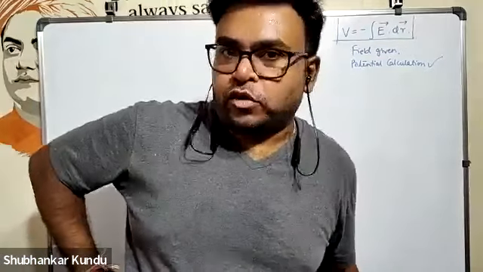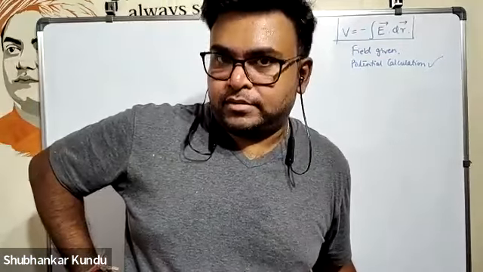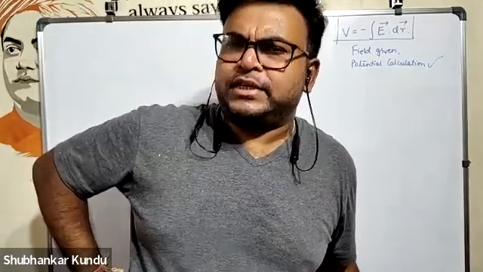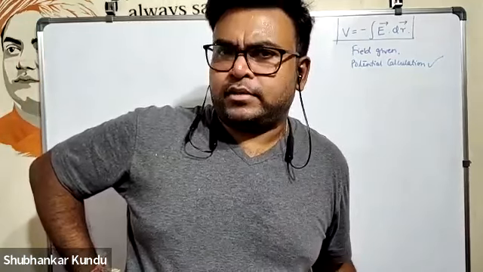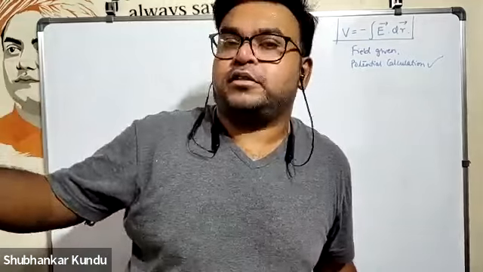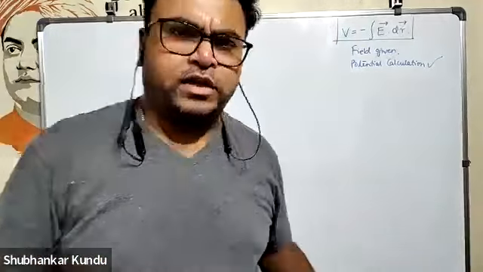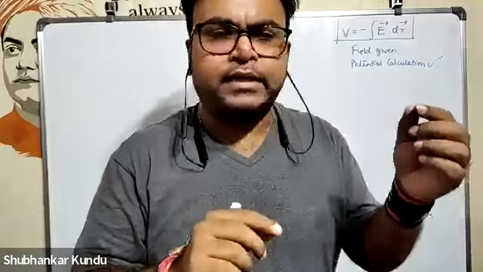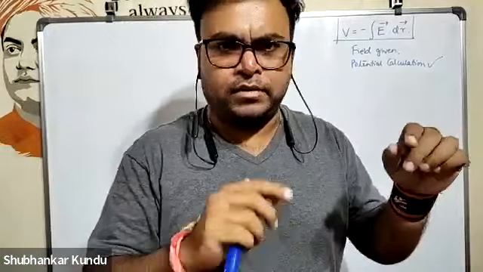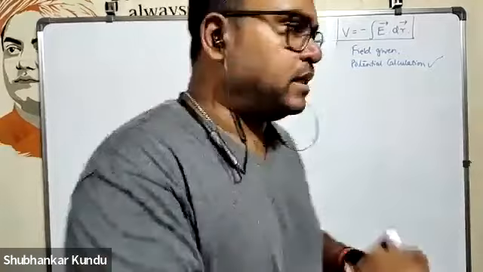If I differentiate velocity, I get acceleration. dv dt is equal to a. Now, if I integrate acceleration, I get velocity. Whatever thing we are getting by integrating, if we differentiate the same thing, we get the reverse thing. Let's say an example.